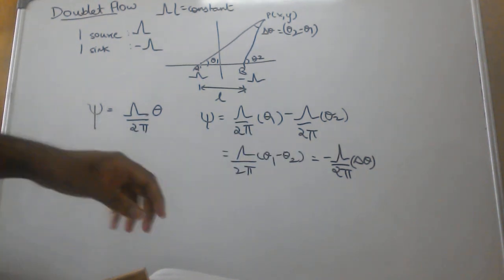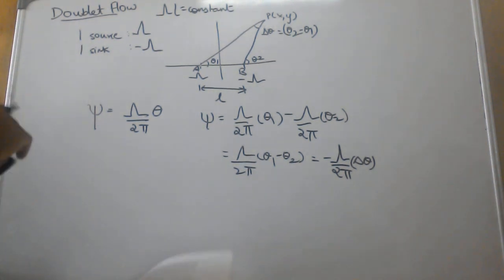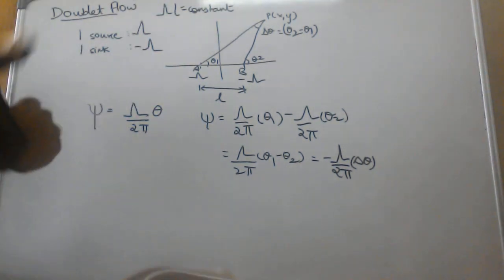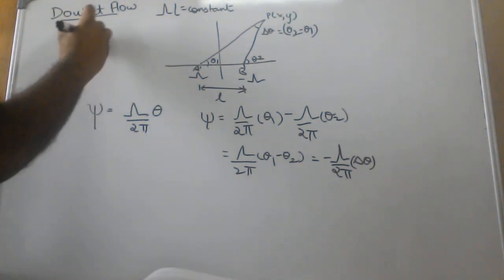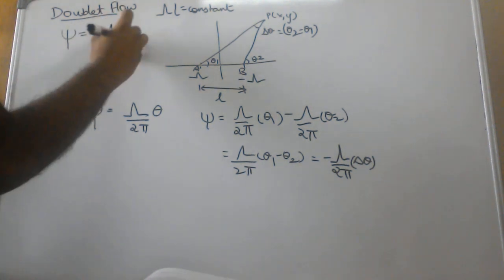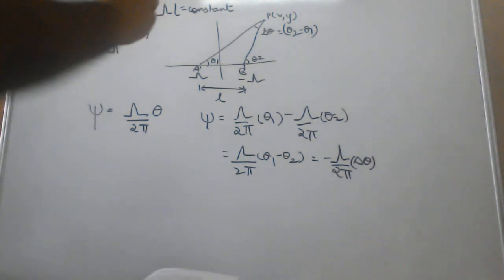Now let's just write this result down here and erase the rest of the board. So I have stream function is equal to minus lambda by 2 pi into delta theta.